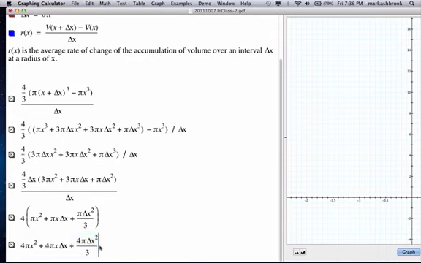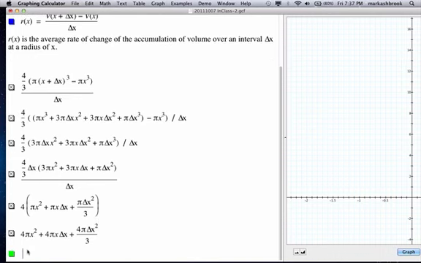This expression now is equal to our original expression, but the difference is that we no longer have this delta x in the denominator, and now we can apply the idea that we want to let delta x get very, very, very small, and when delta x gets very, very small, this is essentially 0, so is this. This piece is essentially 0 as well. And that leaves, for our rate of change function, this term right here, 4 pi x squared.